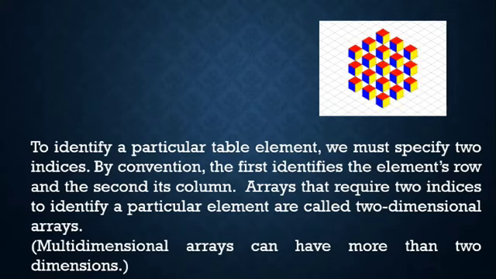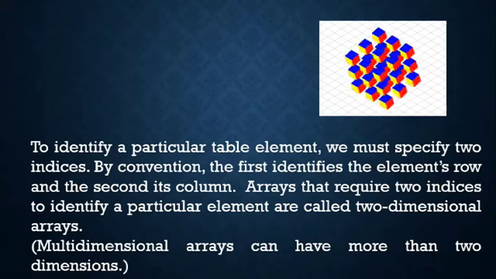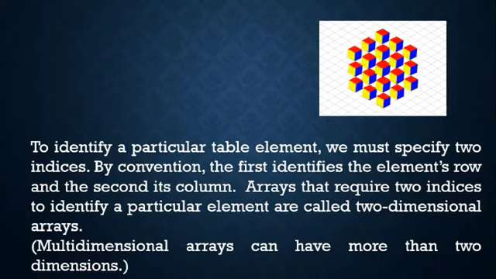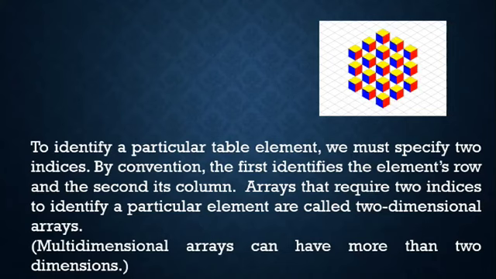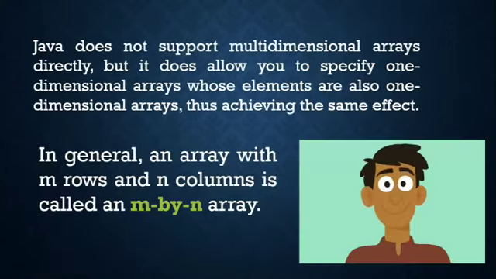Now, multi-dimensional arrays can have more than two dimensions. It is not limited to two columns and two rows even in two dimensions; it can have more than two. But Java does not support multidimensional arrays directly, but it does allow you to specify one-dimensional arrays whose elements are also one-dimensional arrays, thus achieving the same effect.